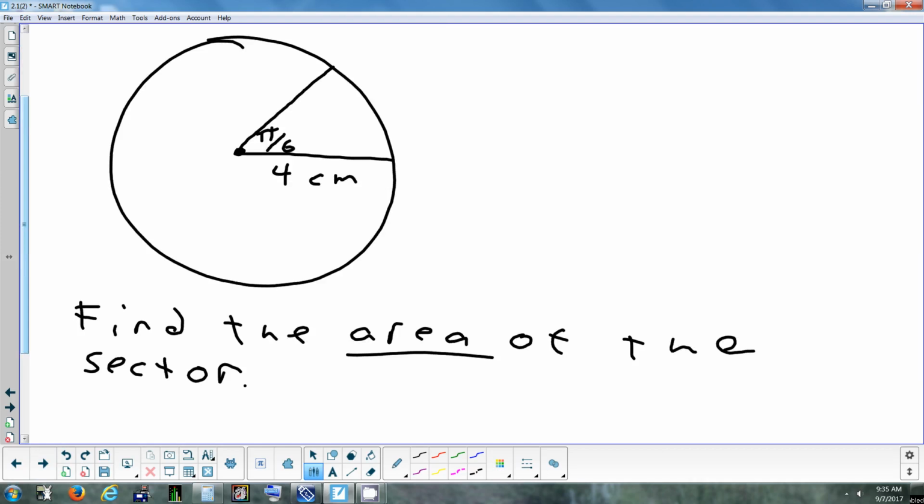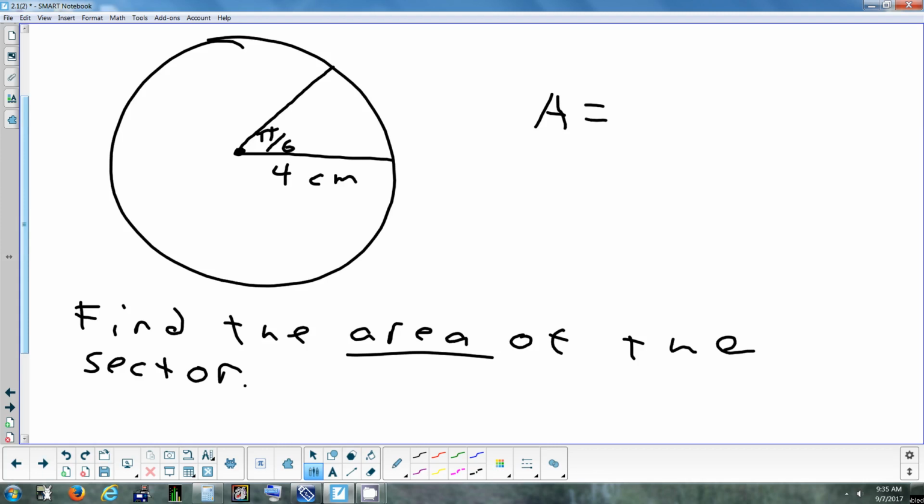Victoria, can you remind me again what's our formula for the area of a sector? So we're just looking for that box that I put around that last formula.